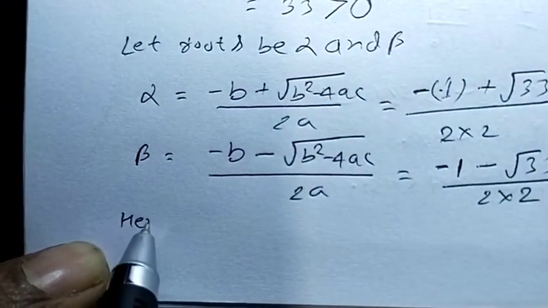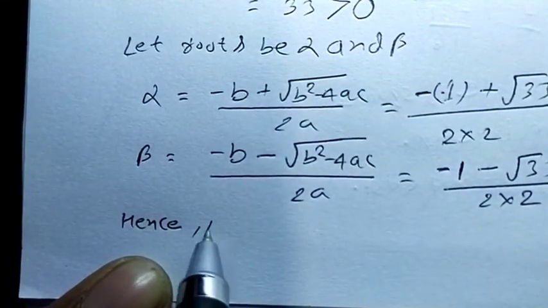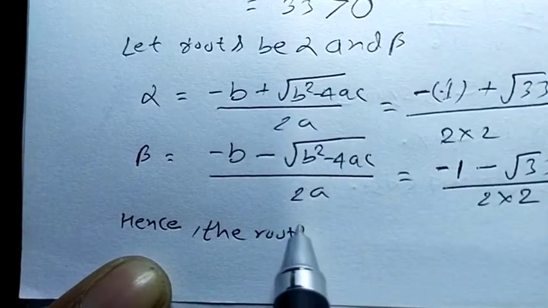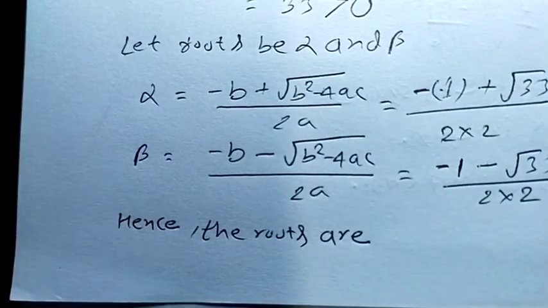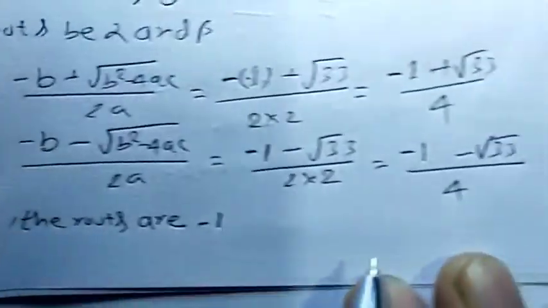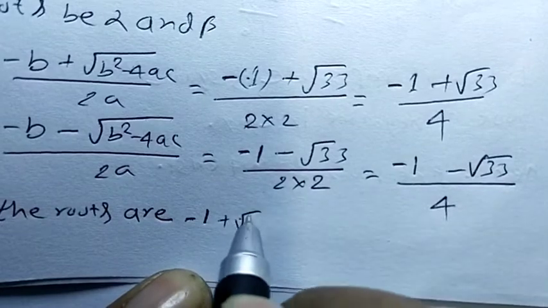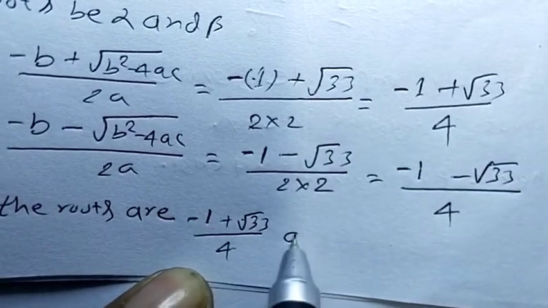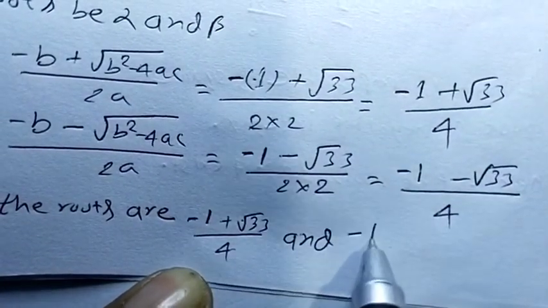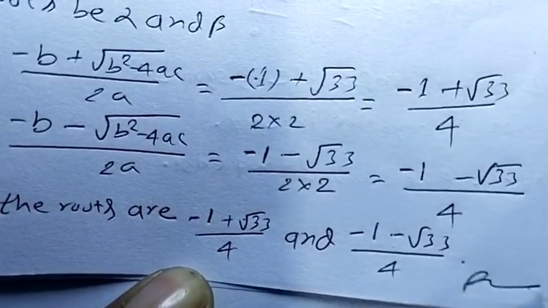Hence the roots are minus 1 plus root under 33 by 4 and minus 1 minus root under 33 by 4. That is our answer.